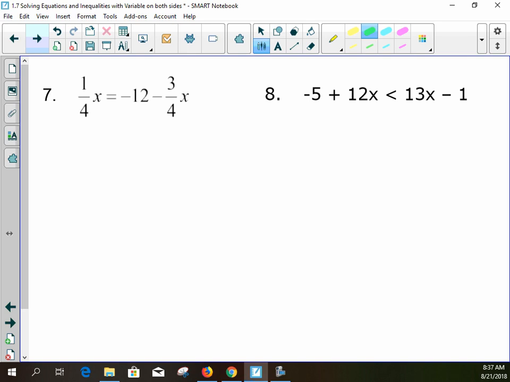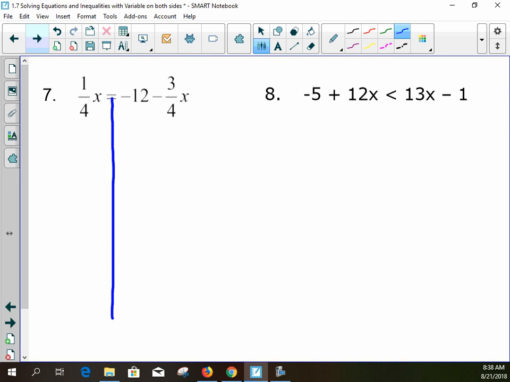Okay, number 7 is very important. Let's move on to number 7. I have to get all my numbers on one side, my numbers with letters on the other, right? So what am I going to move? I cannot get rid of the fraction right here.